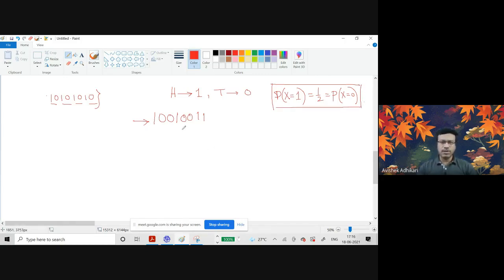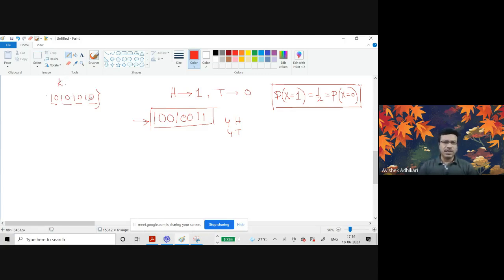Now you can see that here we suddenly get 4 heads and 4 tails in my 8 consecutive coin tossing events.